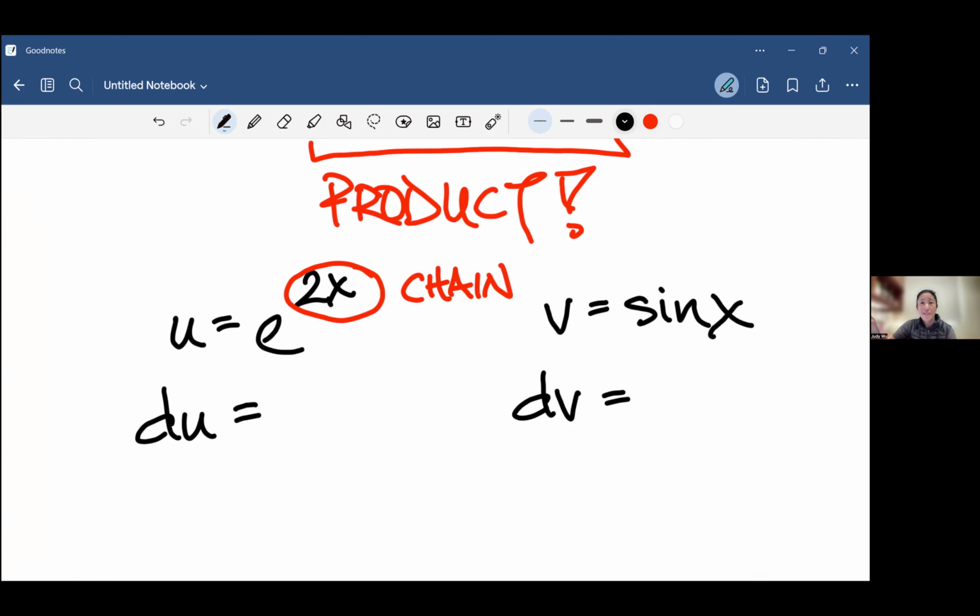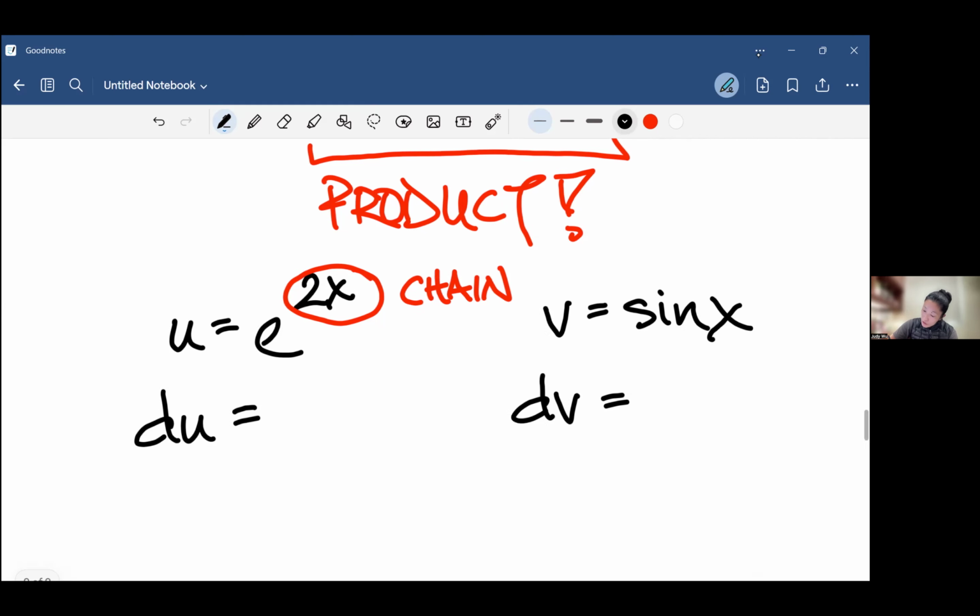And the reason I'm going to need to use chain rule is because my power for my e is not just x, all right? So we got to do derivative of the outside, which is e to the 2x, times derivative of that power, derivative of 2x is 2.